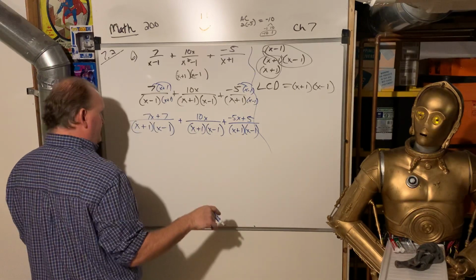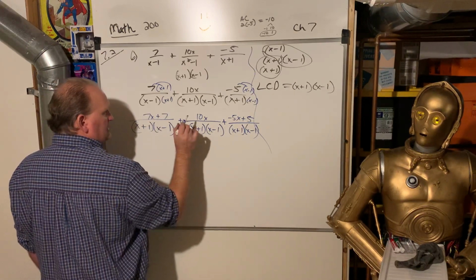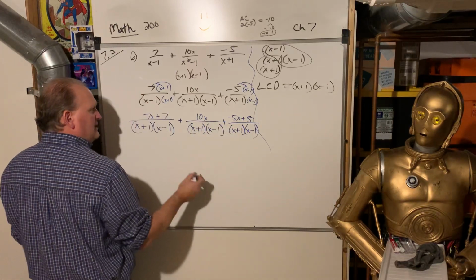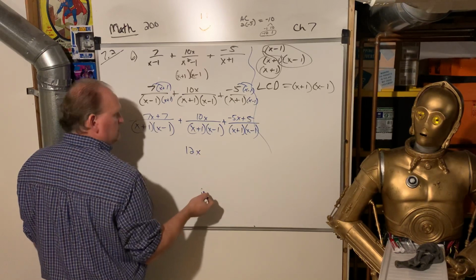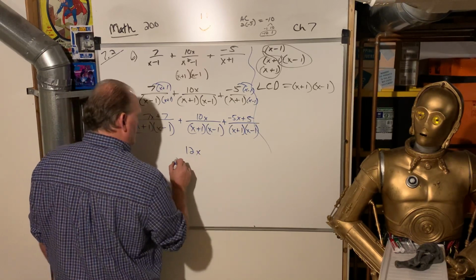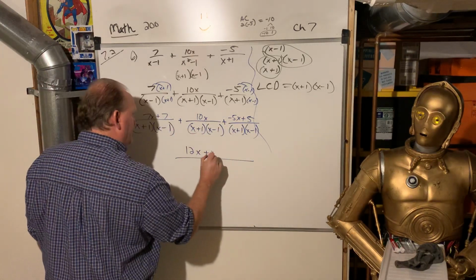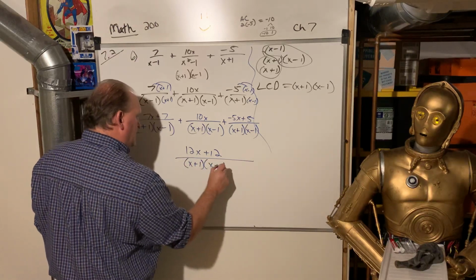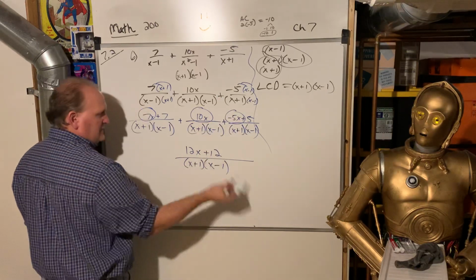Combine like terms. So on the top, we got 7x plus 10x is 17, minus 5x is 12x. And then 7 plus 5 is 12. Oh, drat, we are not done. So we combine like terms. We put the 7x, the 10x, and the -5x, got 12x.